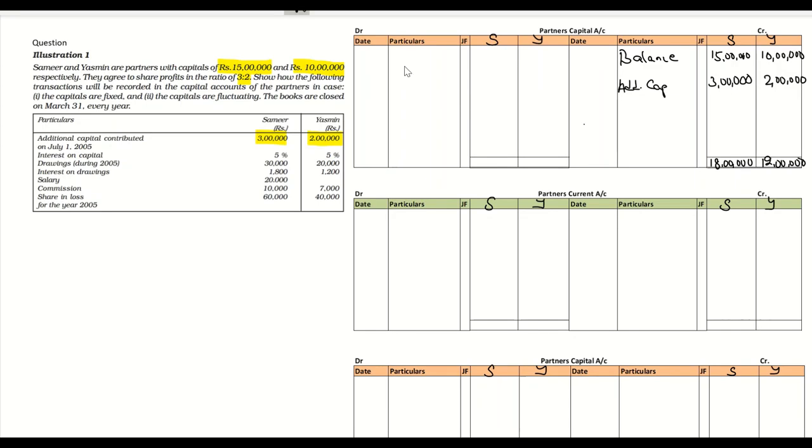Now there is no entry on the debit side because capital was not withdrawn. It's only additional capital. So we will bring the balance down on the debit side. The closing balance, or balance carried down, for this fiscal year will be 18 lakhs and 12 lakhs.